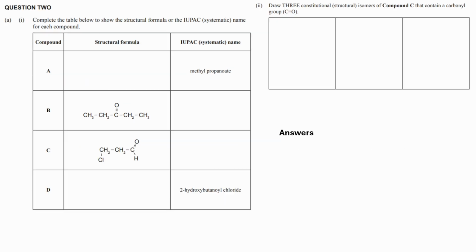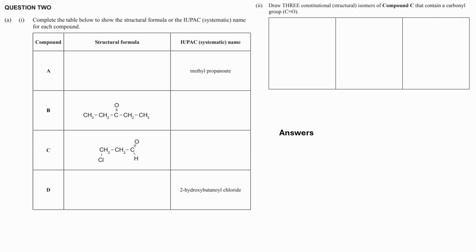All right, question 2. Complete the table below to show the structural formula of the IUPAC systematic name for each compound. Now remember, don't be scared about the IUPAC, what it means. It just means what is the way that you've been taught to name things in your chemistry class. That's what the IUPAC system is. So the first one we have here is methyl propanoate.